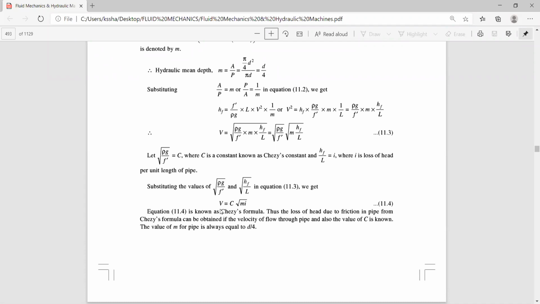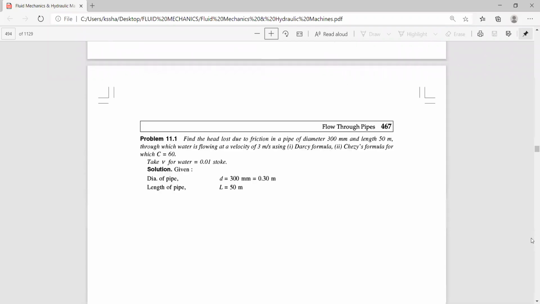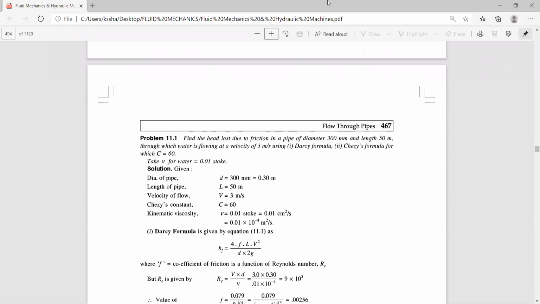Chezy's equation is for velocity of flow, that is given by V is equal to C into under root of m into i, where C is Chezy's constant, m is hydraulic mean depth, and i is the loss of head per unit length of pipe. hf by L is equal to i. Now we will solve certain problems on these two equations. Okay.